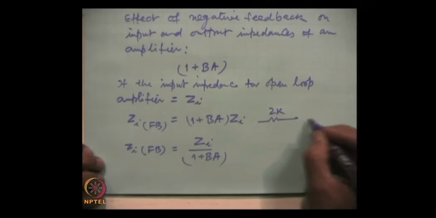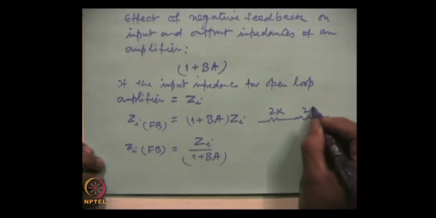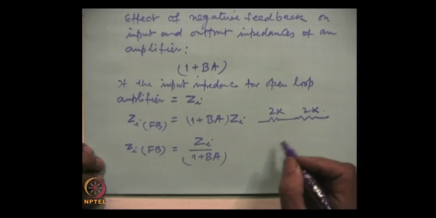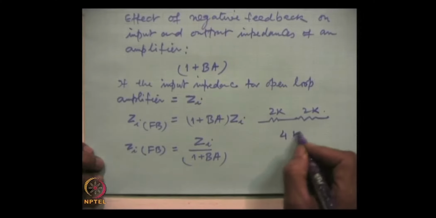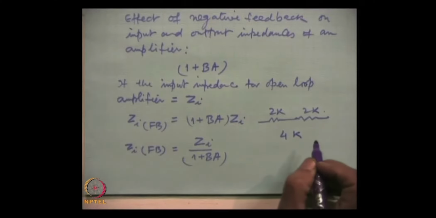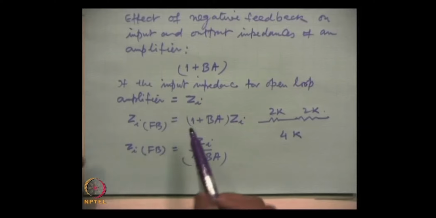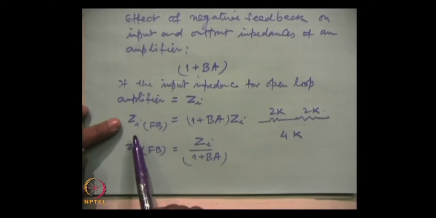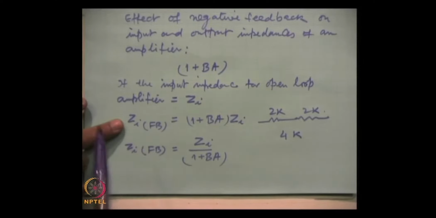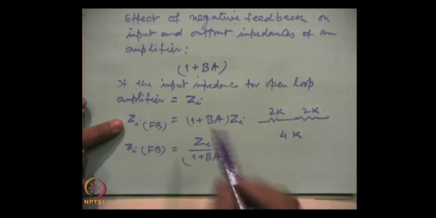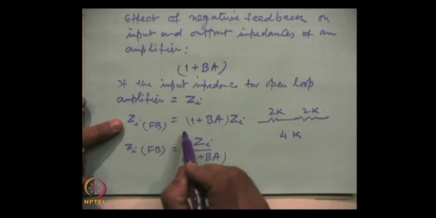If they are connected in series, 2 k and 2 k, effective resistance is 4 k, that increases. So, remember, if we are talking of input impedance, if the connection is a series connection at the input, then input impedance will increase.